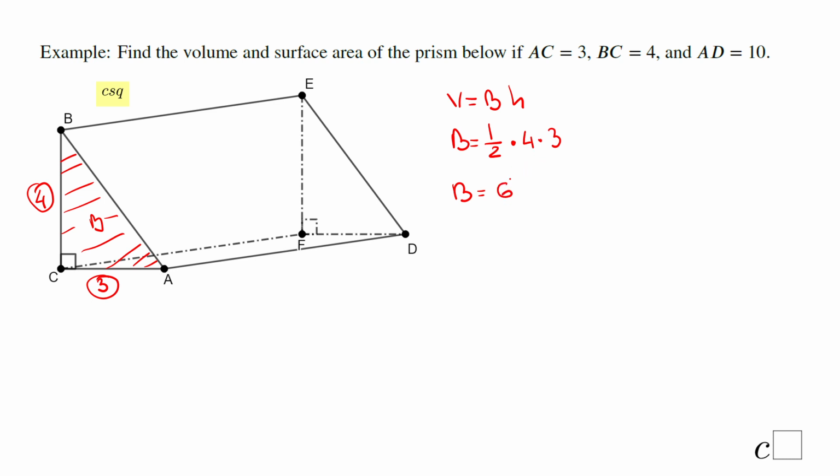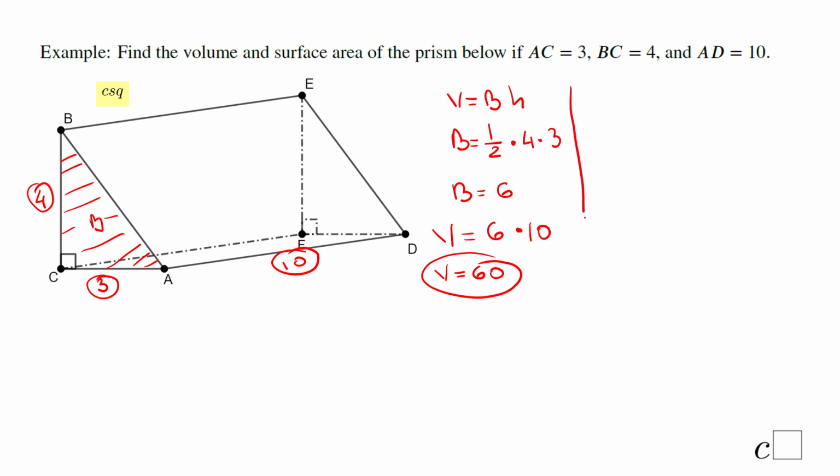The area of the base of this triangular prism, this triangle, is 6. So the volume now is going to be this 6 times the height. The height is AD or BE, but AD is given to us, and this is 10. So 6 times 10, so the volume is 60 cubic units. Whatever the unit is, that will be the way you measure the volume.